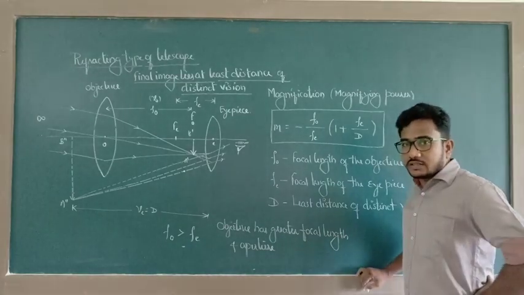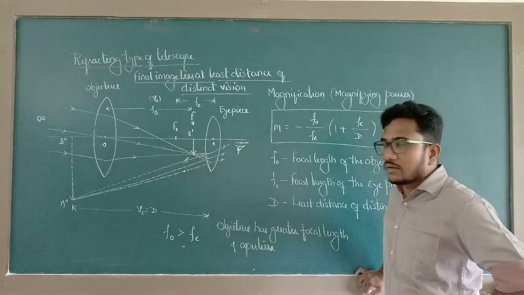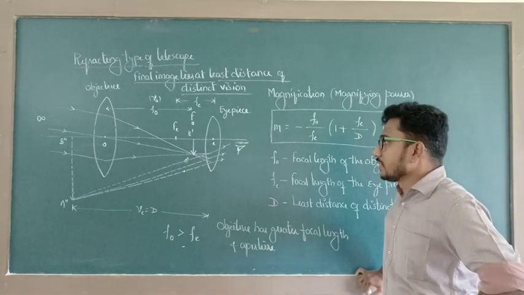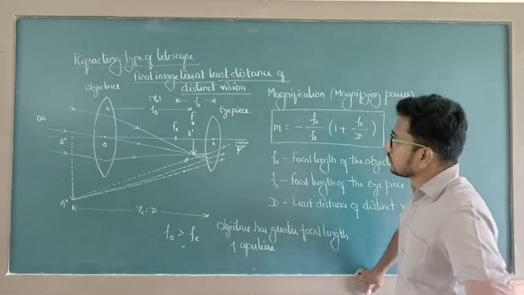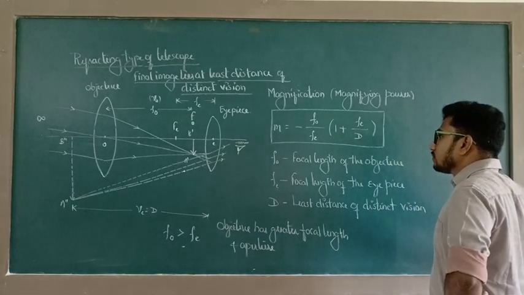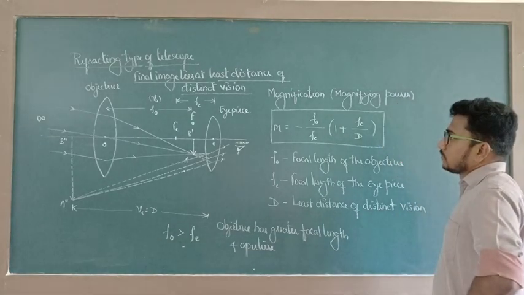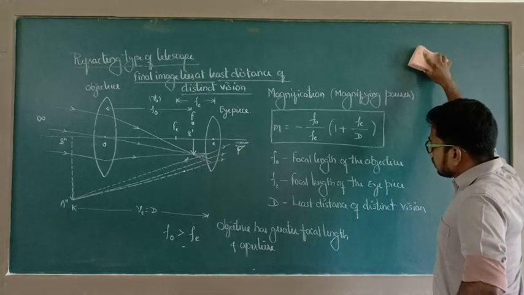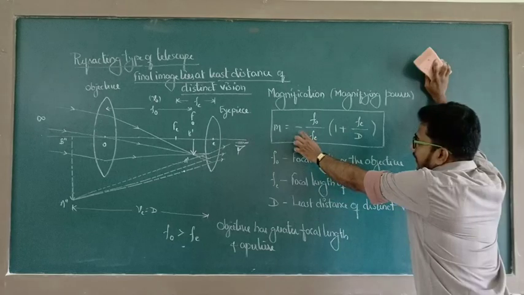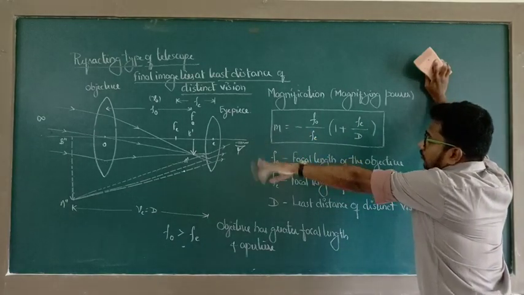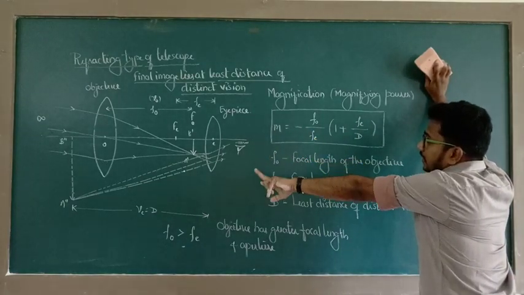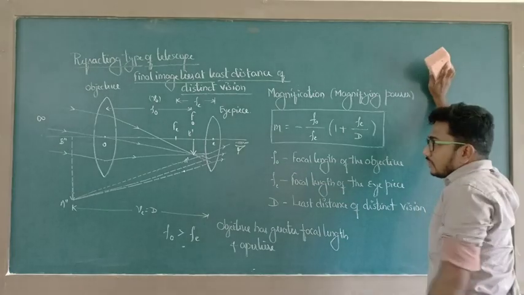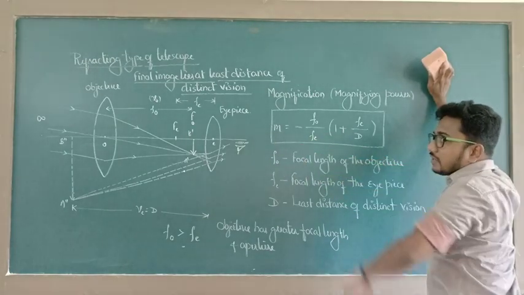Okay. So the next arrangement is the final image lies at infinity. See here, this negative sign represents the final image is real, inverted.